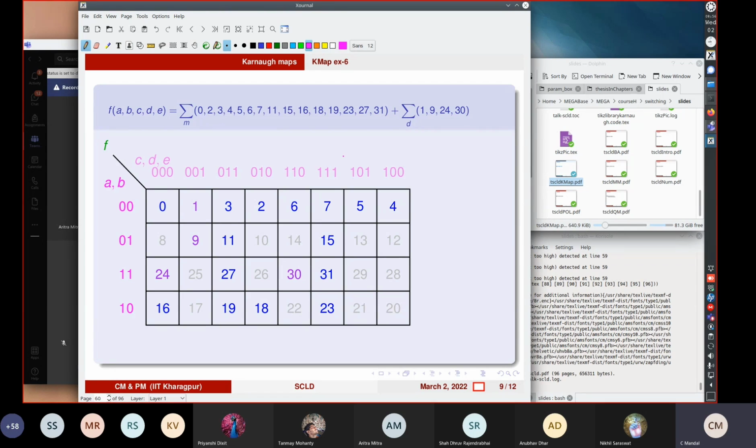Just do it on your own. I'll give you a few minutes. Why don't you do this example on your own? So make use of the don't care terms to expand cubes as far as possible.